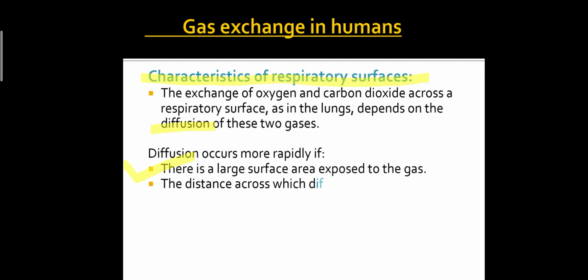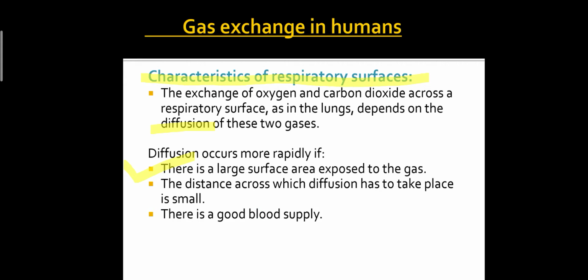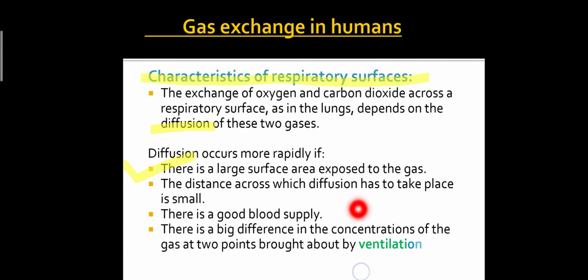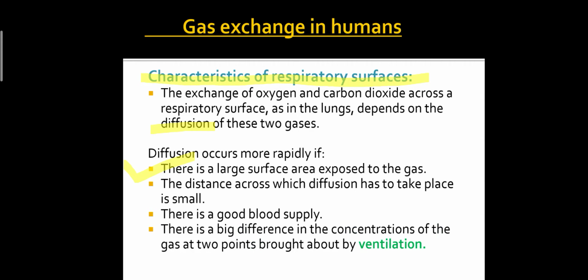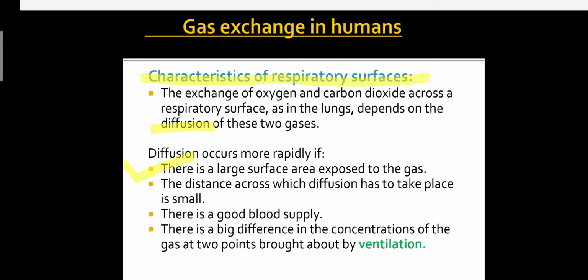Secondly, the distance across which diffusion has to take place is small. And if there is a good blood supply, and if there is a big difference in the concentration of the gas at 2 points, brought about by the process of ventilation.